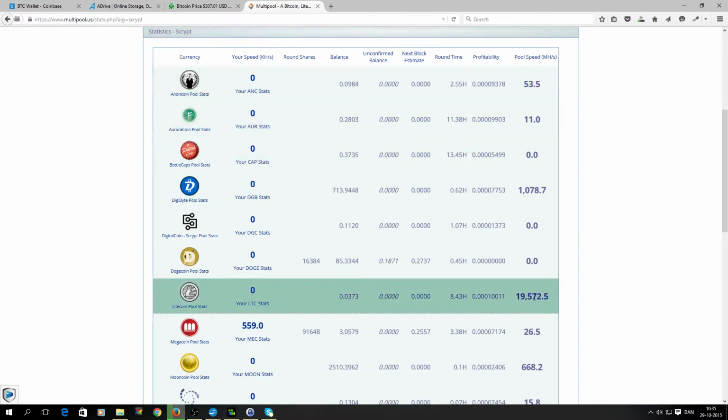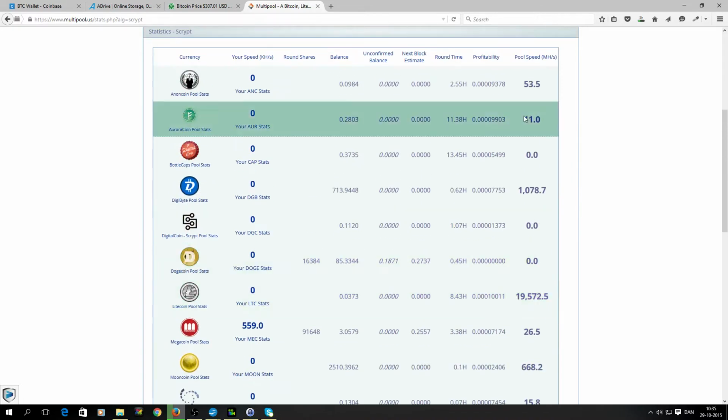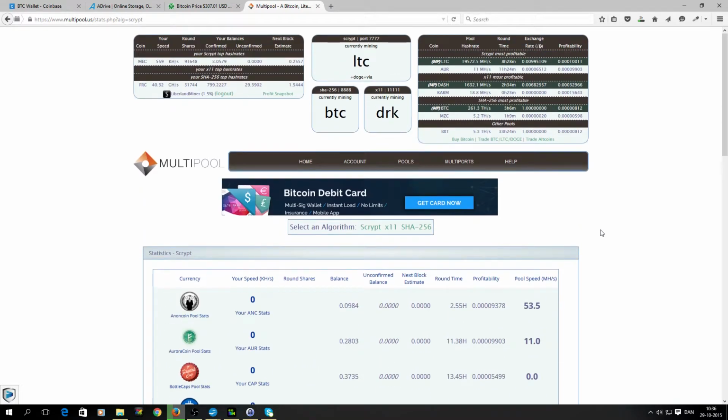So actually right now it would normally be mining Litecoins. And that is a good way if you don't want to sit and check out the profitability of all coins all the time. Then simply join a multi-pool and have the pool calculate what coins are good to mine at the moment.